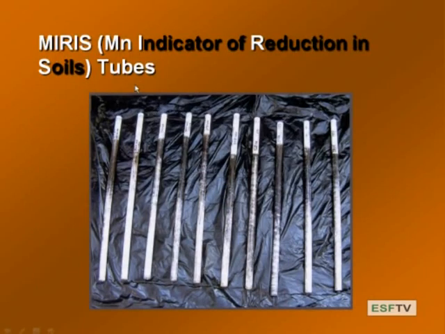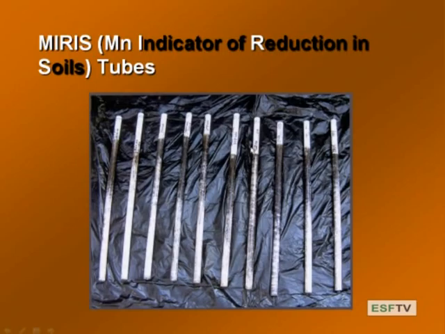Carrying on that idea further, someone decided to do this with manganese. And manganese is the same thing. You reduce manganese and it peels off. And here you can see where this black manganese coating peels off. When it's reduced, it peels off. And again, it's a visual representation of reduction by manganese.